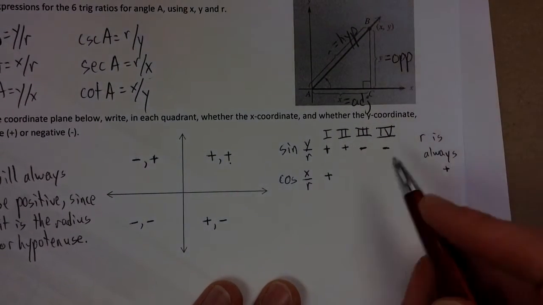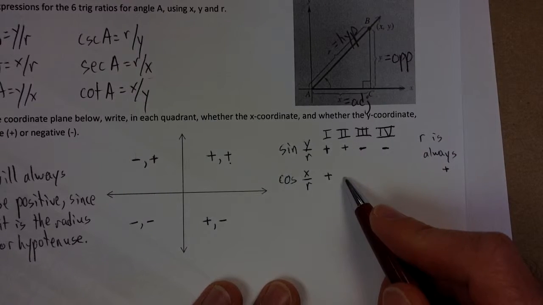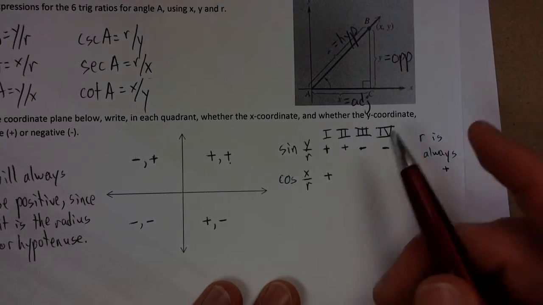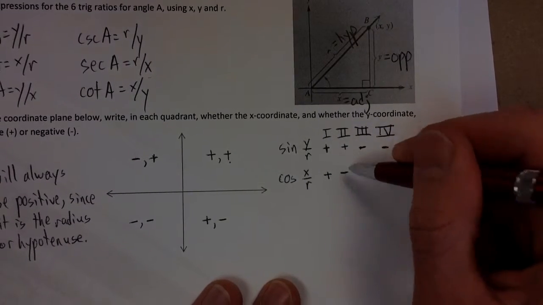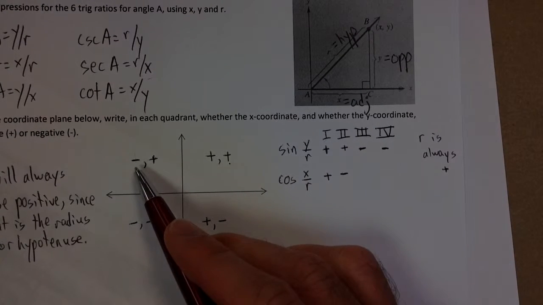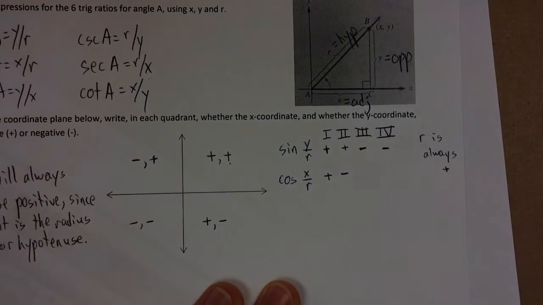Skylar, cosine, positive or negative in quad 2? Quad 2, x is negative. So I'm going to go with negative. Very good. In quadrant 2, the x's are negative, so you have a negative divided by a positive. That is a negative. You're just taking ratios of positive or negative numbers. Okay?